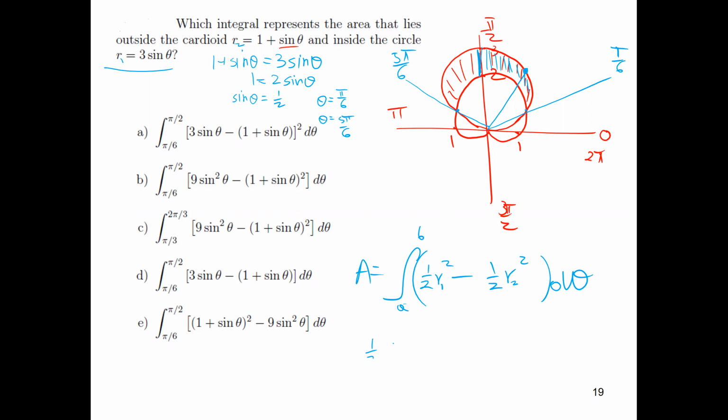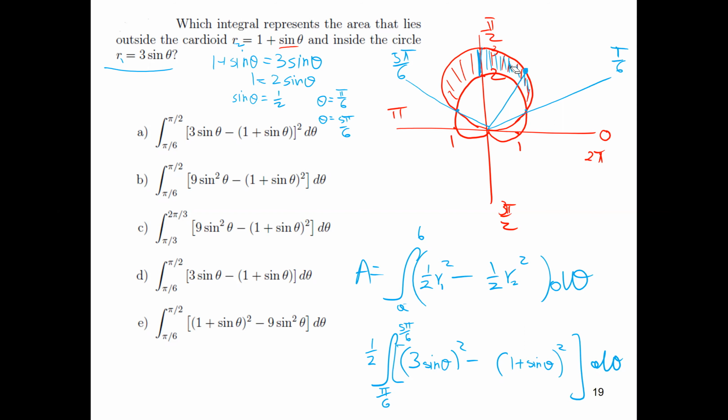Let's put 1/2 in front: R squared minus r squared d theta. R squared, which one is the longer? The circle, 3 sine theta, and the cardioid is the shorter radius.